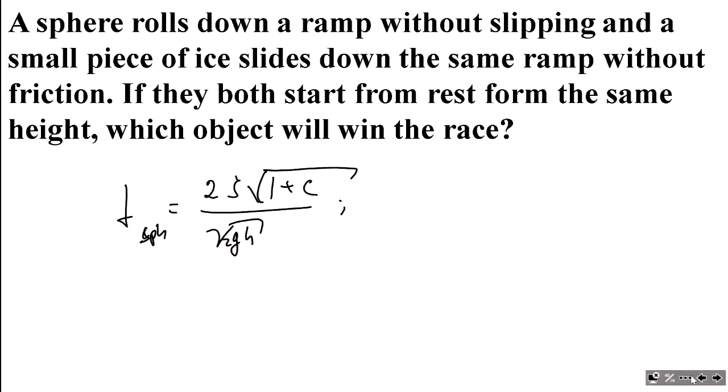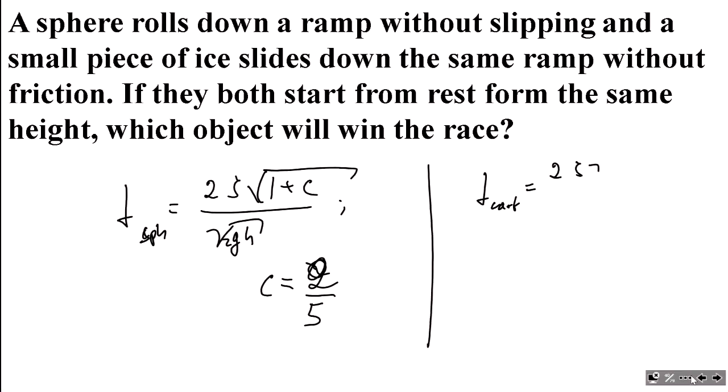So the question, what do you think I should write as a form factor for the sphere? 2/5. The equation for the cart should be the same. But what should I write as a form factor for the cart if it doesn't roll at all?